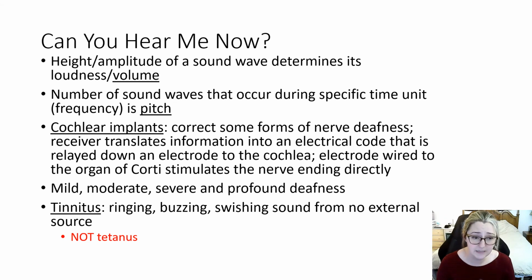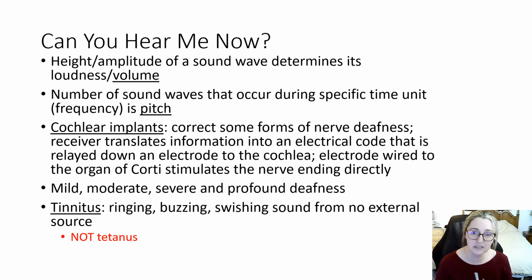There are different types of deafness: mild, moderate, severe, and profound, and the associated definitions go hand in hand. Profound deafness is going to be absolutely nothing. Mild deafness is going to be just a very slight form of deafness. And then I do want to make sure you know this term tinnitus, not tetanus.